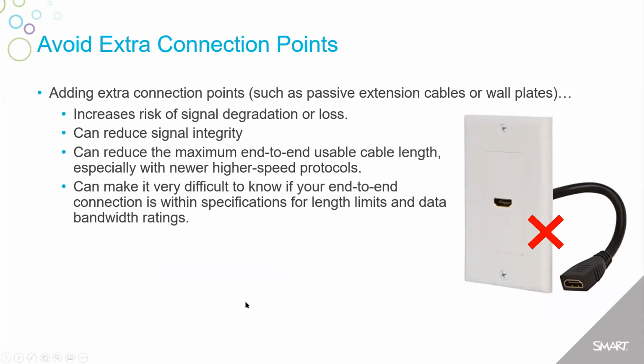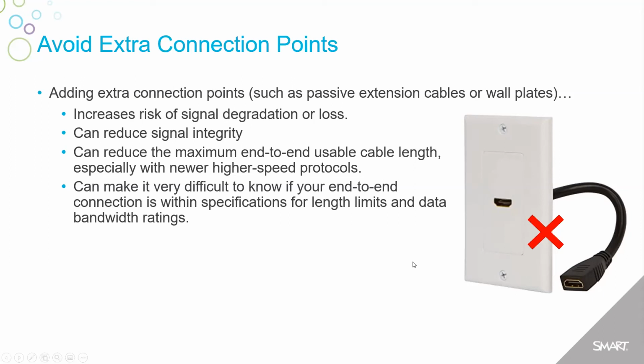Another recommendation is to avoid extra connection points. Extra connection points, such as a passive extension cable or a passive wall plate, add more connection points. They add resistance, they add capacitance to the overall connection cable, and that increases the risk of signal degradation or loss.